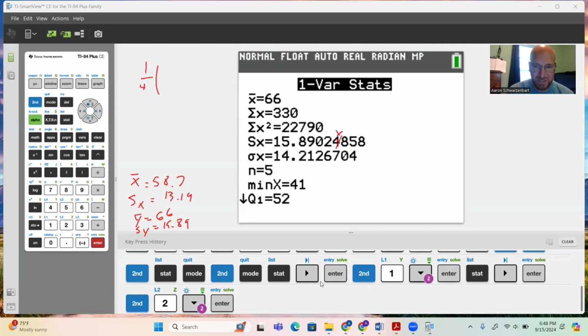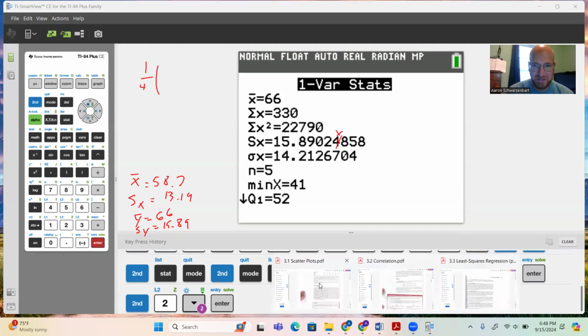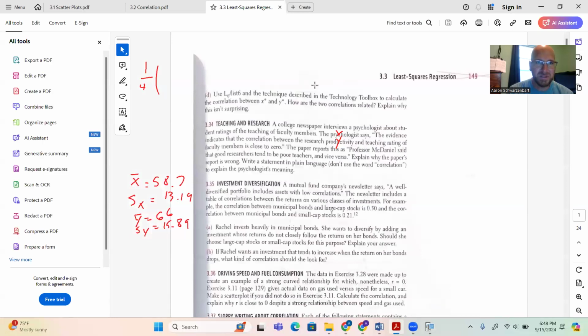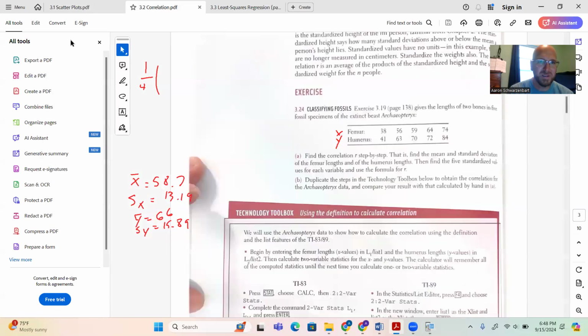Okay, and now I'm going to go back to our book and that's the one I want. So X, I need to do all of these. 38 minus 58.7.